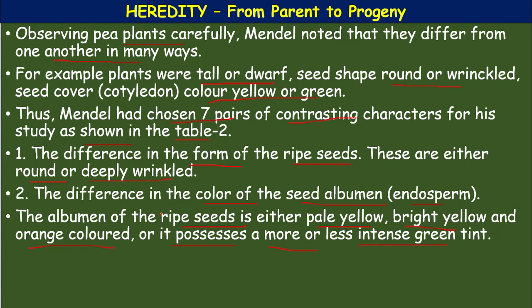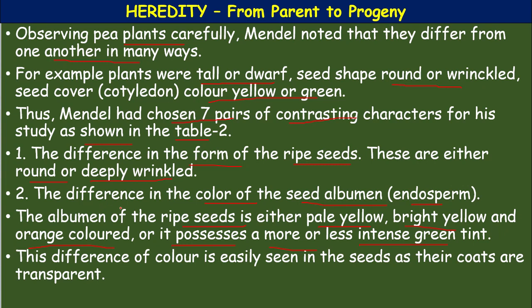This difference of colors is easily seen in the seeds as their coats are transparent. You know that a pea seed coat is transparent, so we can easily see the color of the seed albumin.